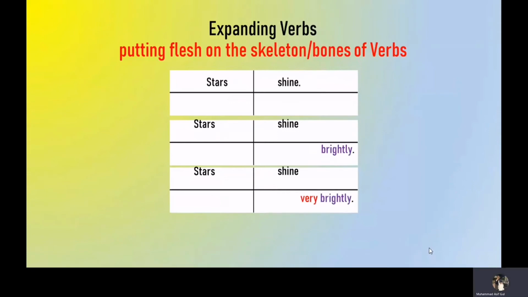Stars shine. Now we simply know that stars shine. We don't have any further information about their shining. We simply don't know how they shine. But if we add this word after shine, brightly, stars shine brightly.